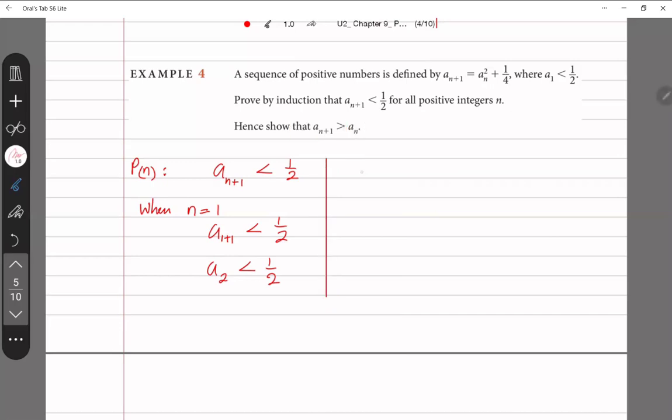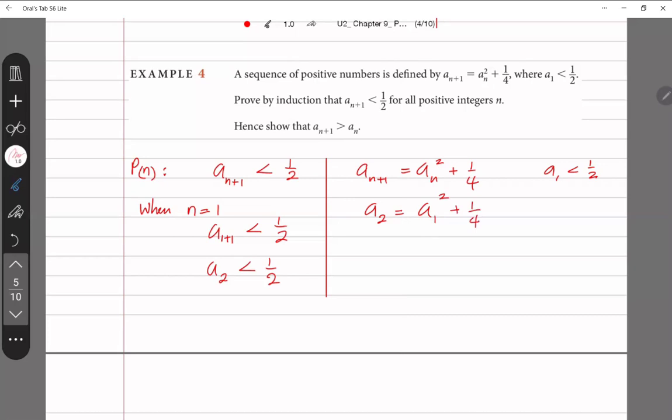Now let's come back to the defining equation that a n plus 1 is equal to a n squared plus a quarter, and that a1 is less than a half. Now when n is 1, I'm going to get a to the 1 plus 1, which is 2, is equal to a1 squared plus a quarter.